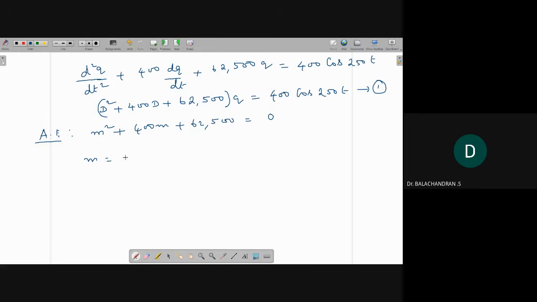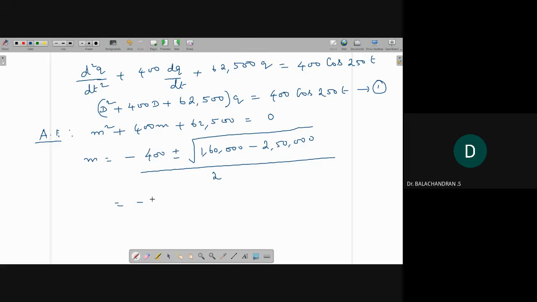Now m equal to minus b plus or minus root of b square minus 4ac, divided by 2a. b square is 400 square, that is 1,60,000, and 4ac is 2,50,000. So this is minus 400 plus or minus root of minus 90,000 divided by 2, which is minus 400 plus or minus i into 300 divided by 2.